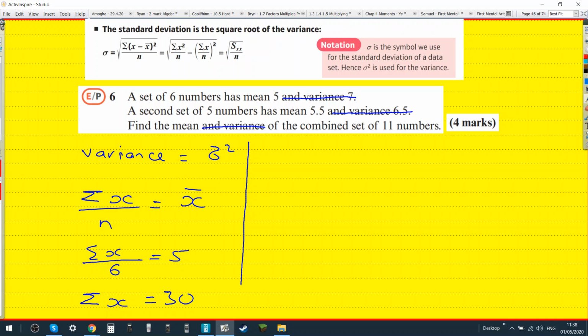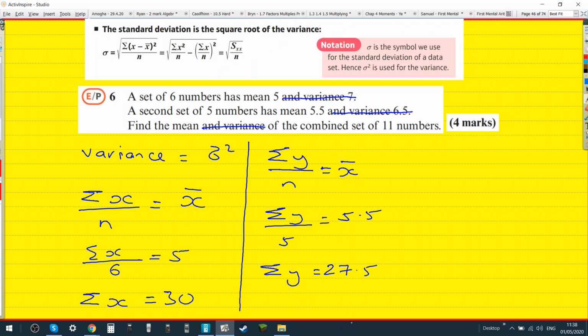And so now let's call the other one sigma y. So that divided by 5 is equal to 5.5, and then do 5 times 5.5 to get sigma y, and that's 27.5.